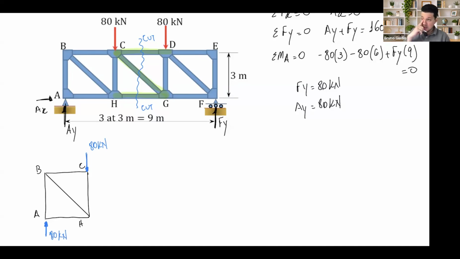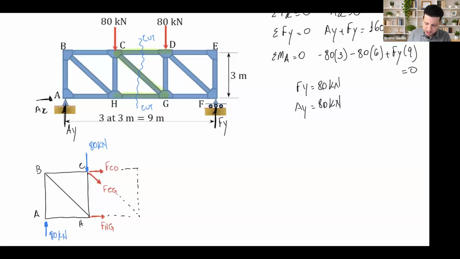Now let's draw the internal forces. I have FCD, this one here, FCG, and this one, FHG. Let me complete the drawing so I have some distances and maybe other points that I can use.